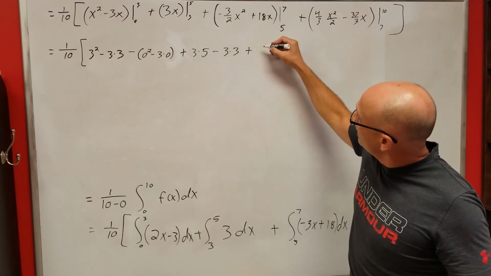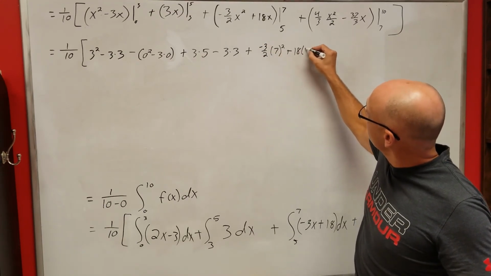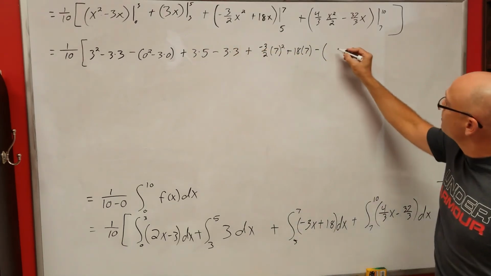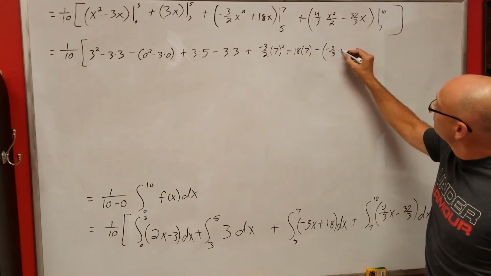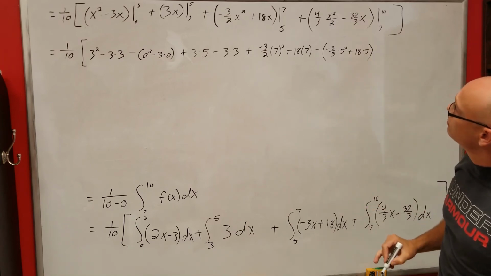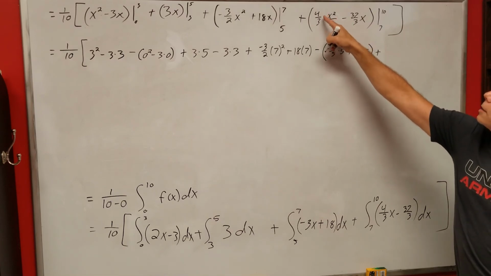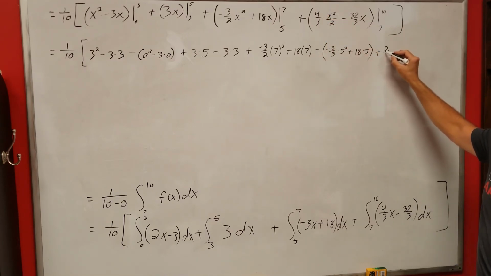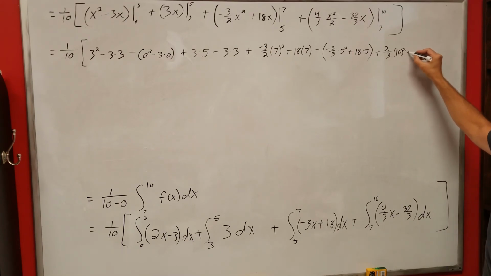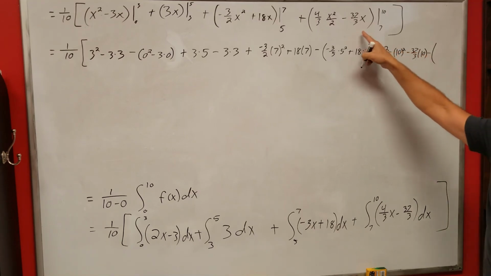So negative 3 halves times 7 squared plus 18 times 7 minus negative 3 halves times 5 squared plus 18 times 5, plus, now can we call this 2 over 3? 2 over 3 x squared, so it'll be 10 squared minus 37 thirds times 10 minus this stuff evaluated at 7.